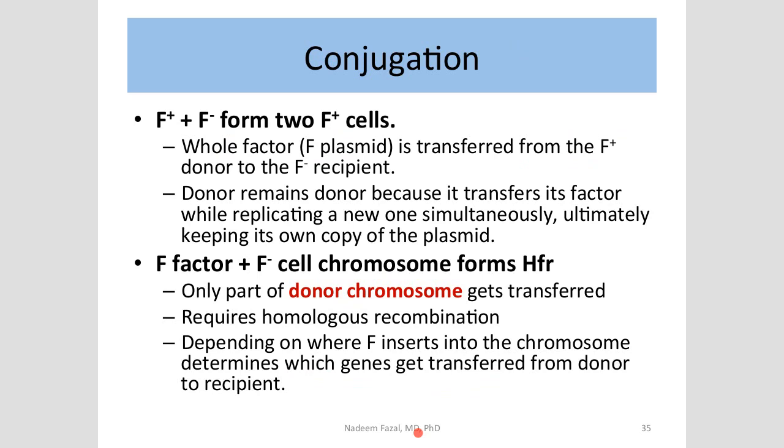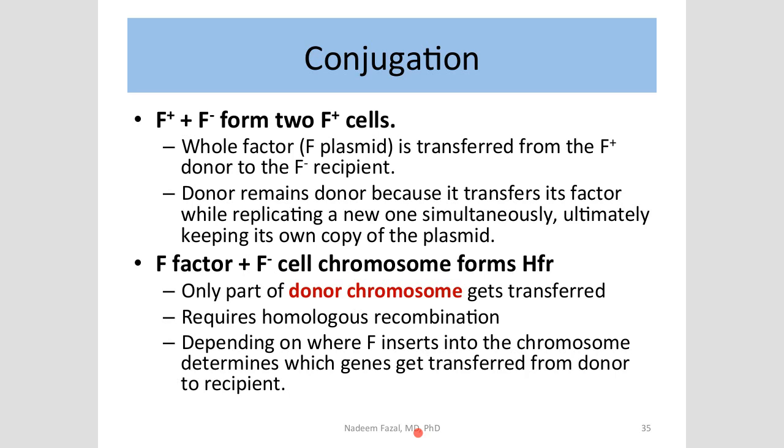That's another thing you have to keep in mind. And then again, when the F factor is inserted into the cell chromosome to form Hfr, most of the time only a part of the donor chromosome gets transferred, right? And this requires homologous recombination, and as I said earlier, it also depends upon the chromosome.